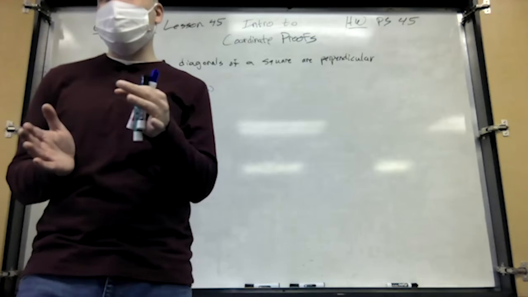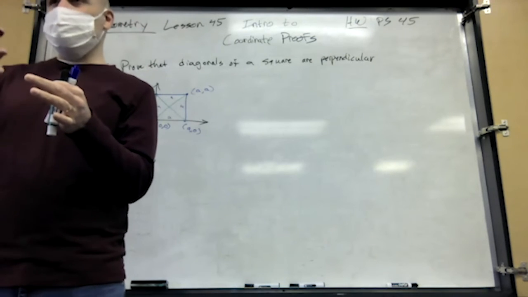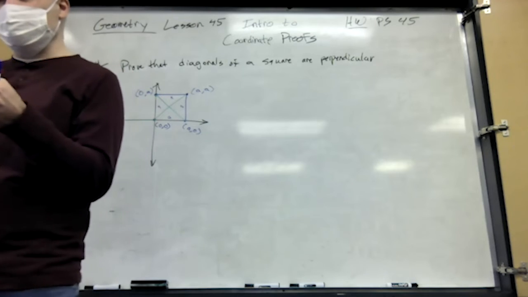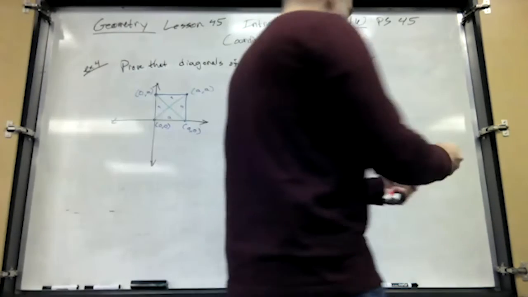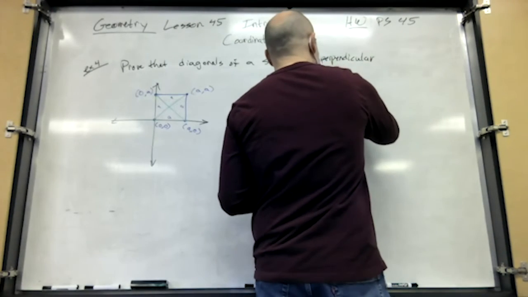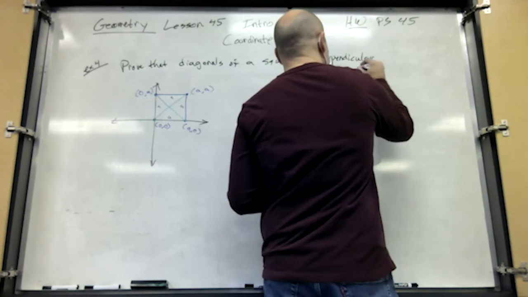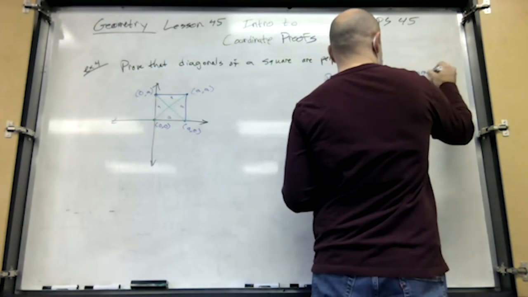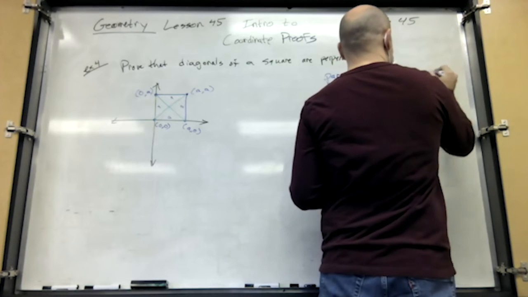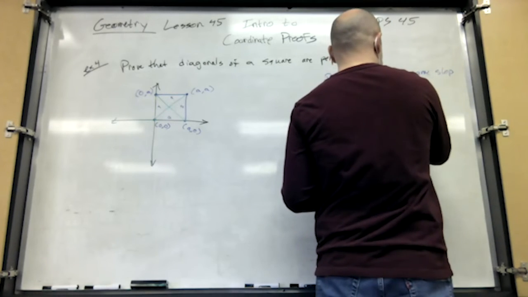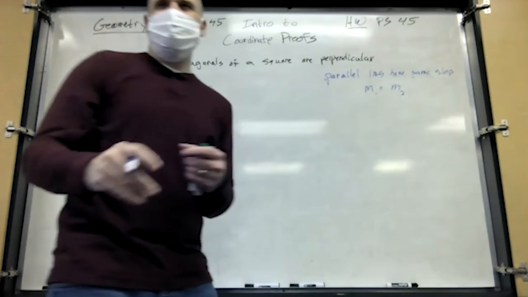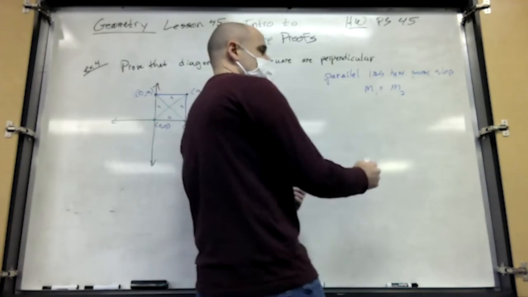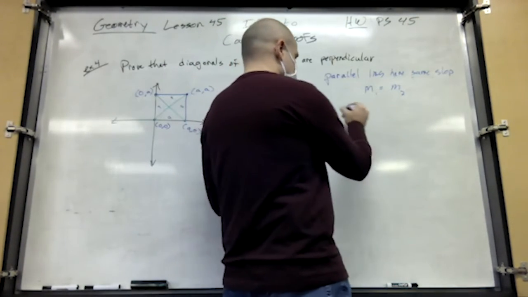They're not the same slope, but you flip it upside down and you negate it. So there's like two types of opposites for perpendicular lines. So for example, parallel lines have the same slope, so M1 equals M2. Remember, M is the slope, y equals mx plus b, all that stuff. We're not going to totally get into that, so don't worry about that.